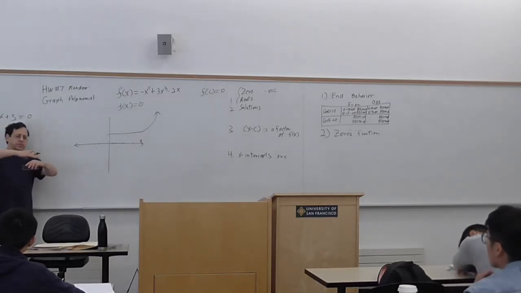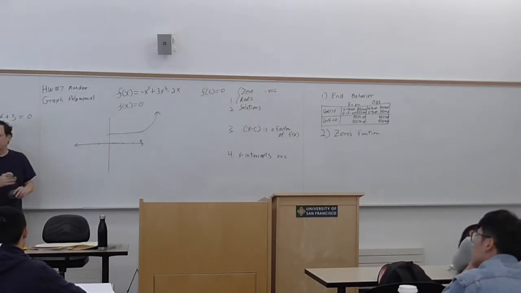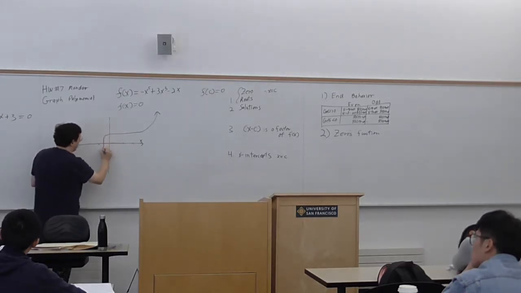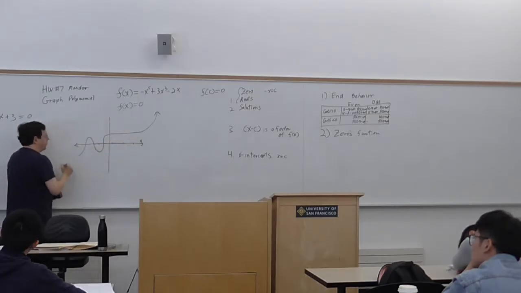Take pre-calc, take calc, and if you're interested in being a major, you can take a class called analysis and we discuss this. But polynomial functions are all continuous, right? They don't jump off the page.